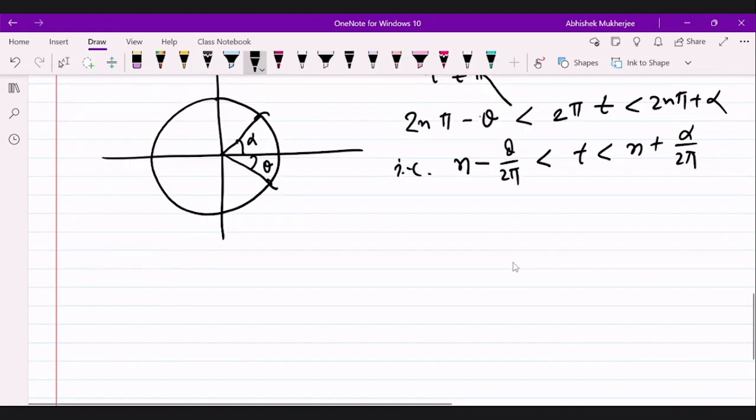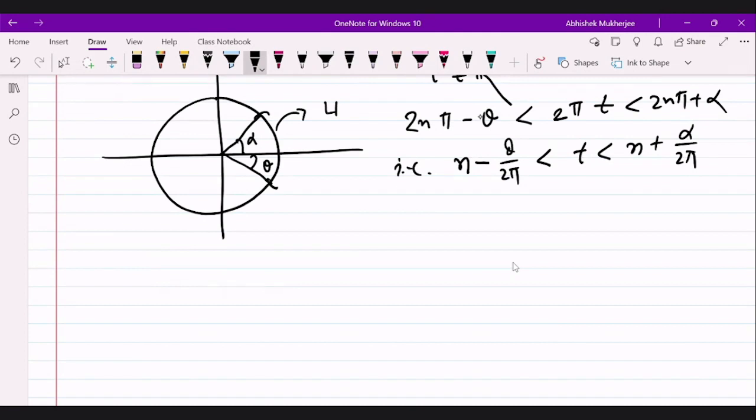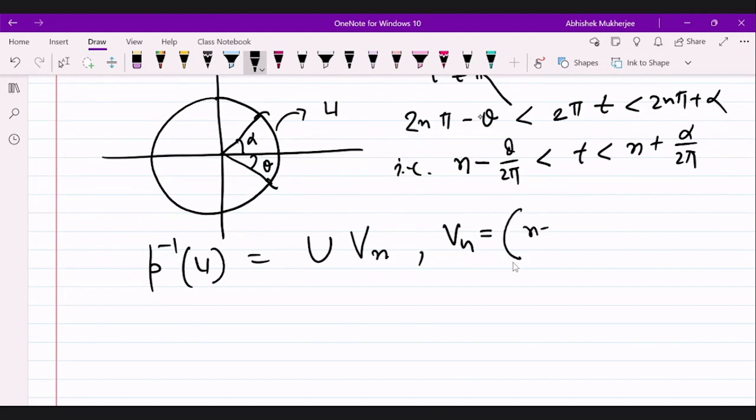Using this, if you take this, this is your U. So this p inverse of U can be written as a disjoint union of open sets Vn, where the Vn's are open intervals (n minus theta by 2 pi, n plus alpha by 2 pi), right? Generally speaking, if you take any U of this kind, this can be written as a union of Vn.